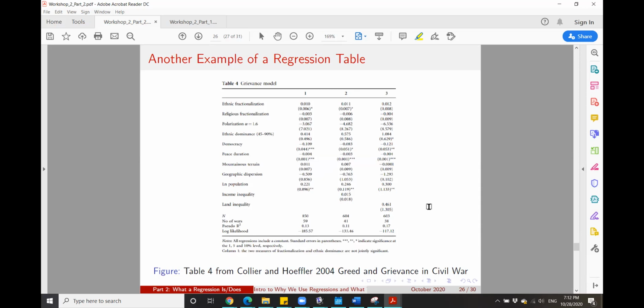By the way, if they don't report p-values, if they just report standard errors or variances, there's an easy division that you can do to check whether it's actually significant.